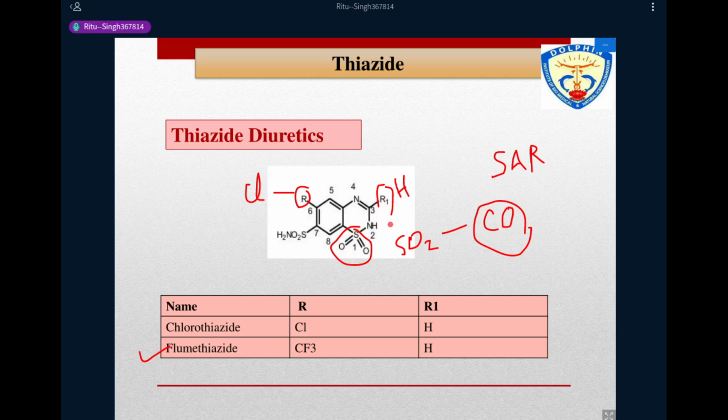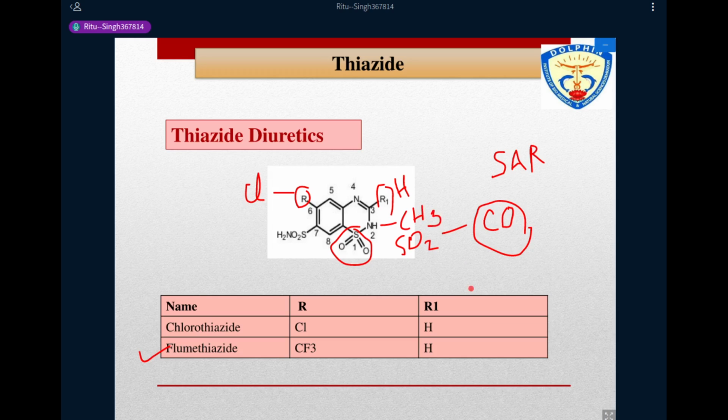Substituting this nitrogen at the second position, at the place of the H atom, we can add a methyl group, and the activity of the drug increases.